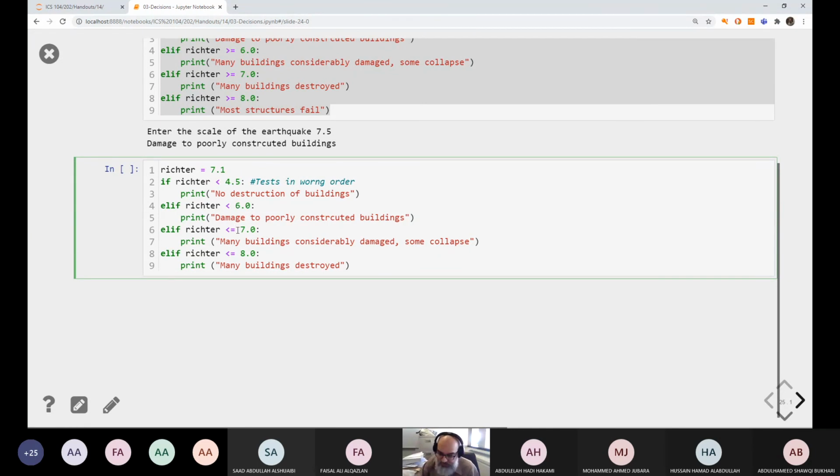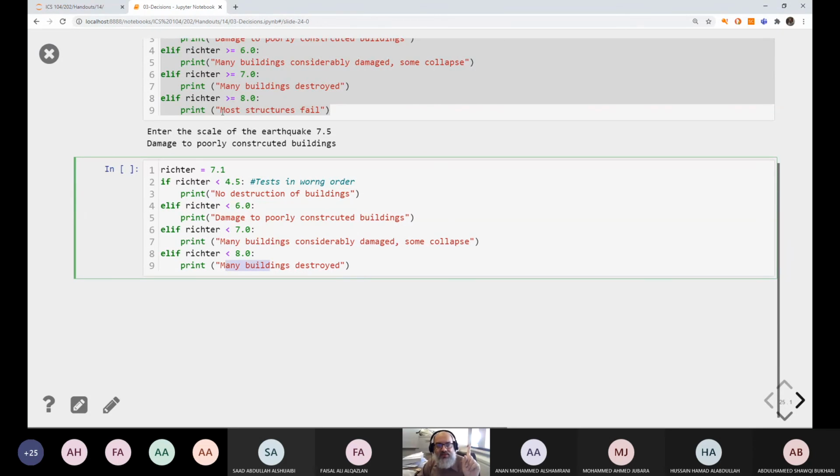Elif, less than 7, many buildings considerably damaged, some collapsed. Now, elif, less than 8, many buildings destroyed.